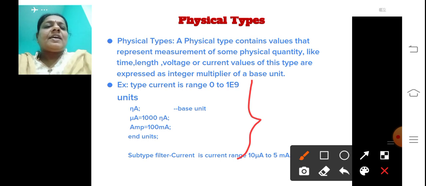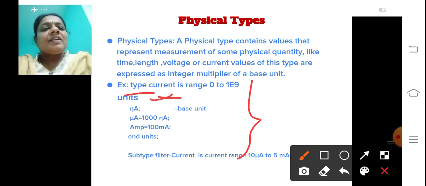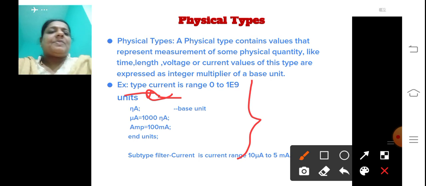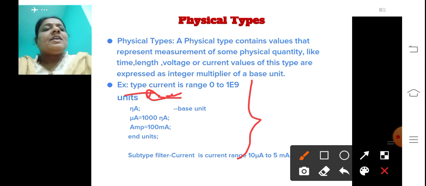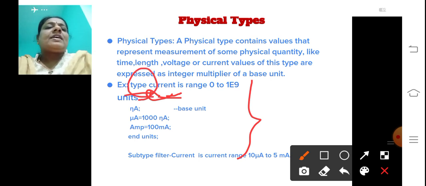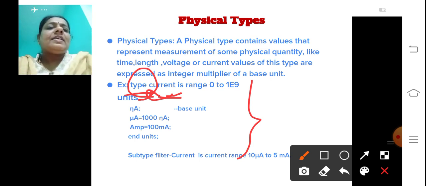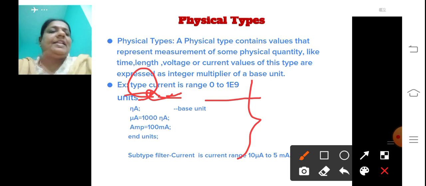You see here I have written type, and current is user defined. Type is a keyword, with range 0 to 1e9. Current is of the data type, it is a type. So current is one data type I have created, ranging from 0 to 1e9.